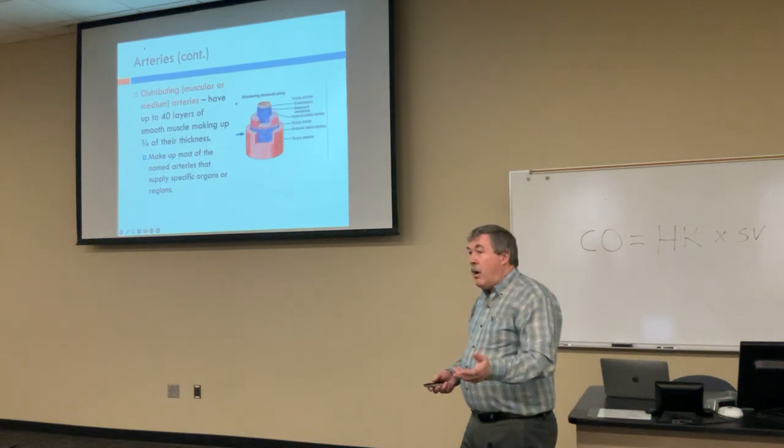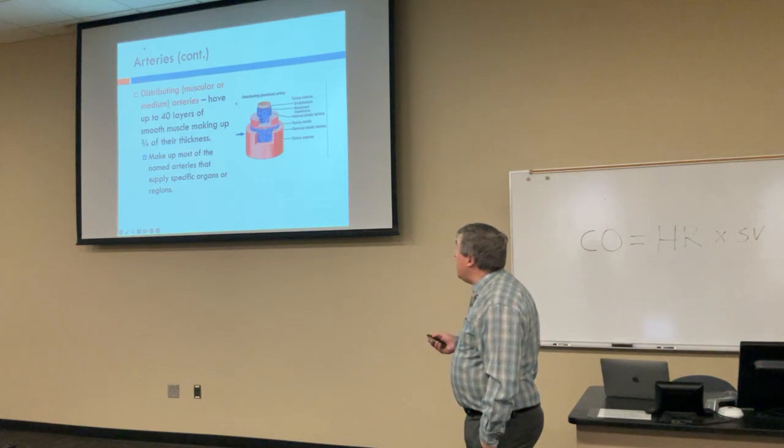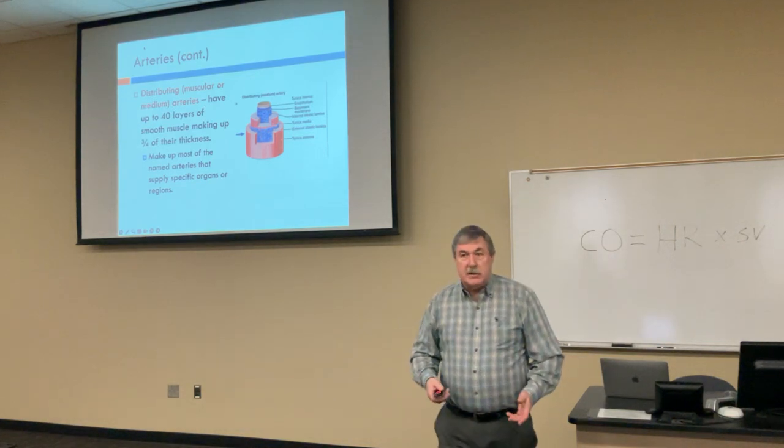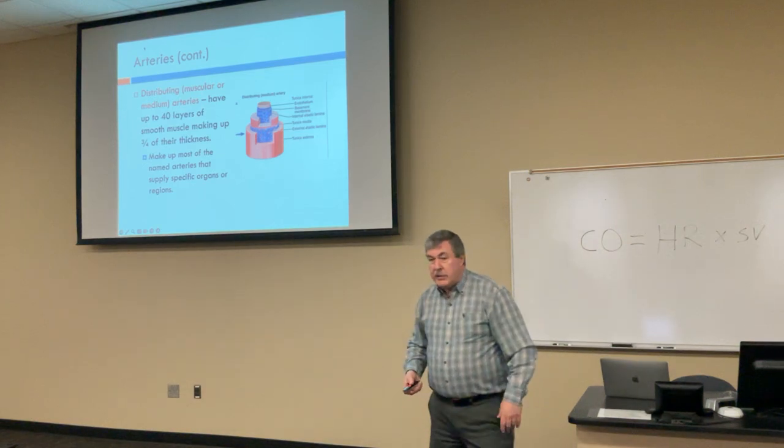Then the next smallest arteries are the distributing, or muscular, or medium arteries. These make up most of the named arteries in the body, besides the largest arteries.